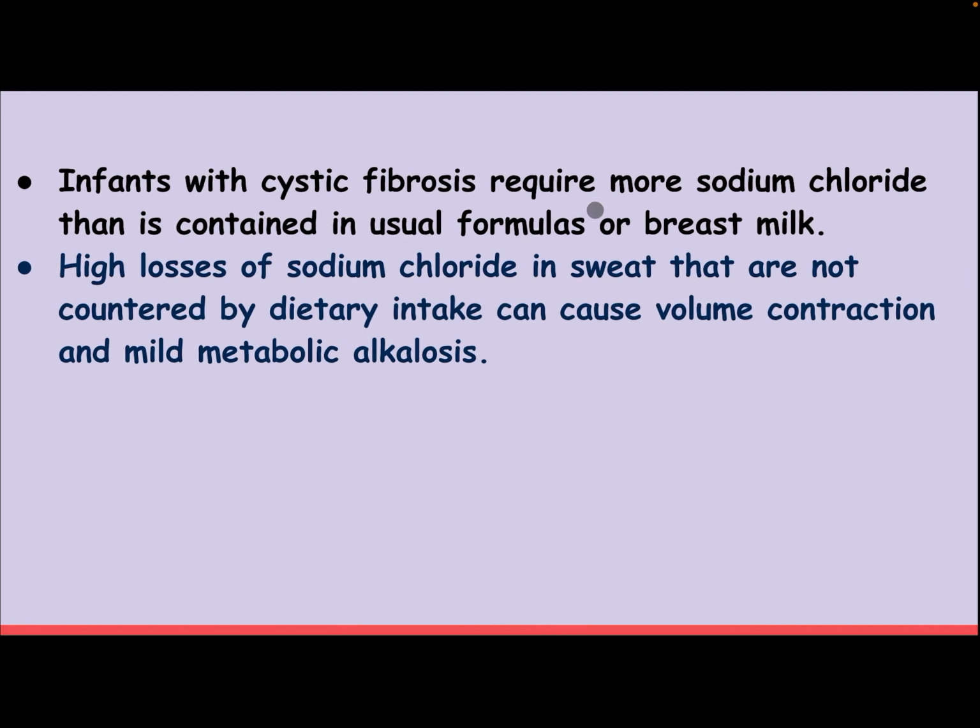Infants with cystic fibrosis require more sodium chloride than is contained in usual formula or breast milk. High losses of sodium chloride in sweat that are not countered by dietary intake can cause volume contraction and mild metabolic alkalosis.